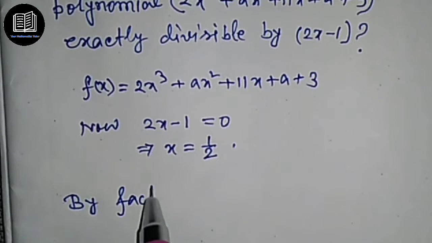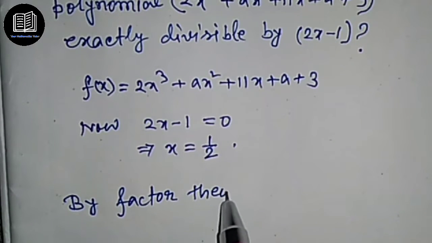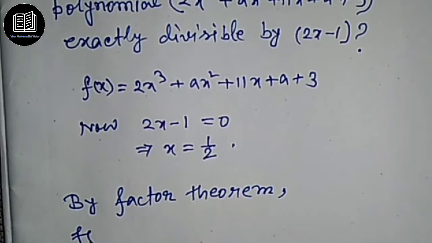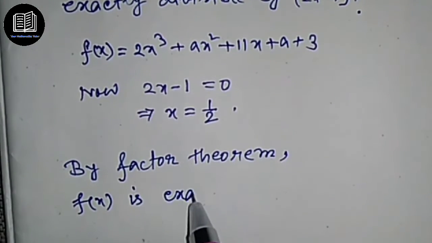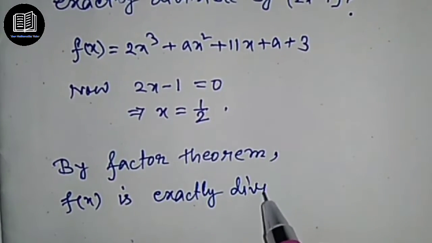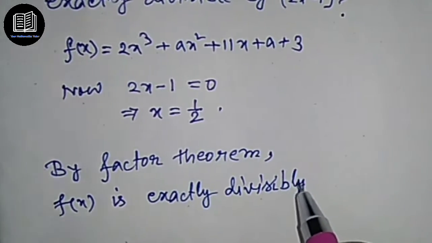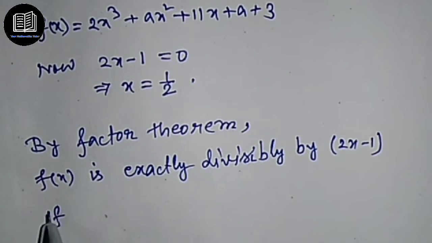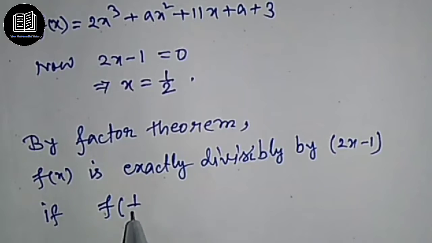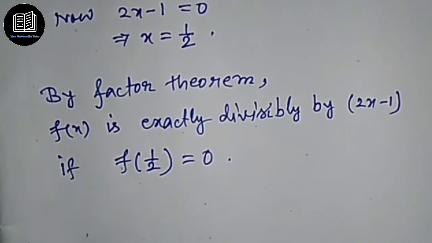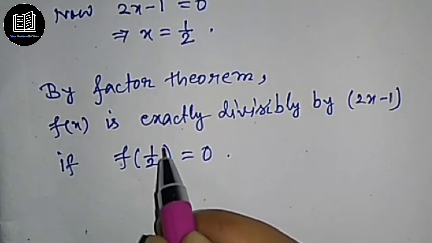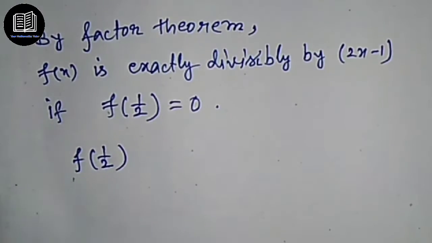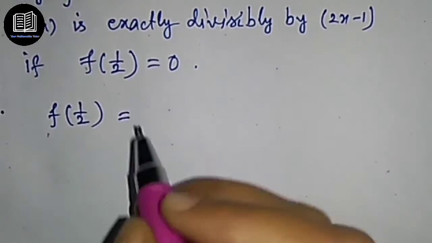By factor theorem, f(x) is exactly divisible by 2x minus 1 if f(half) is 0, because here a is half, so we have to find f(half).